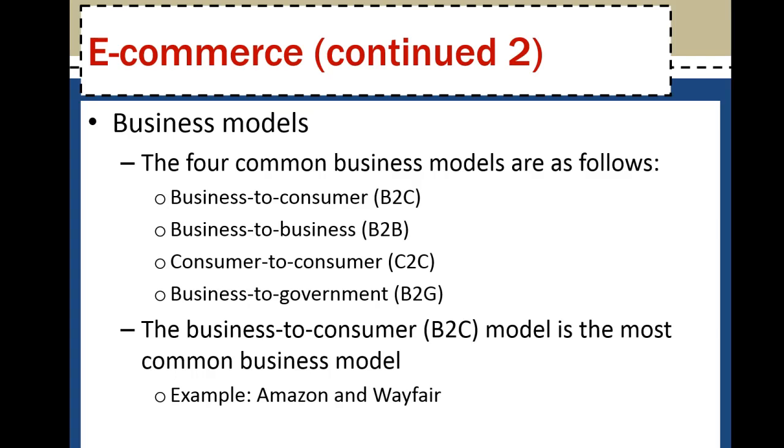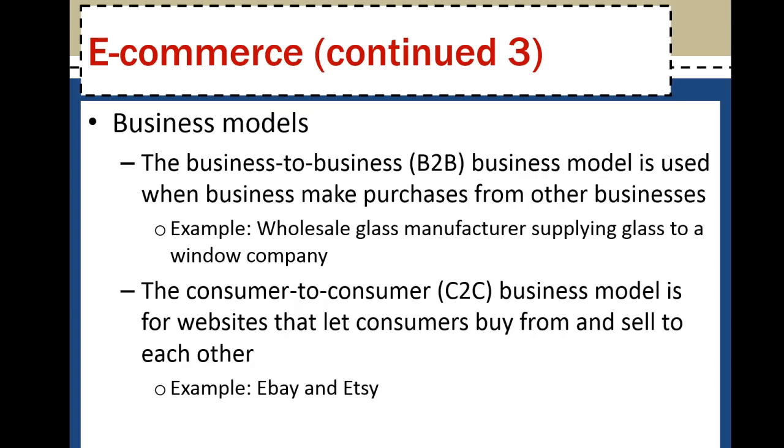A consumer to consumer business model lets consumers buy and sell from each other. Examples would be eBay or Etsy. Business to government occurs when the government makes an online purchase from a business. An example may include a government agency purchasing software from an online vendor. And business to consumer, I think I told you, is like Amazon or Wayfair.